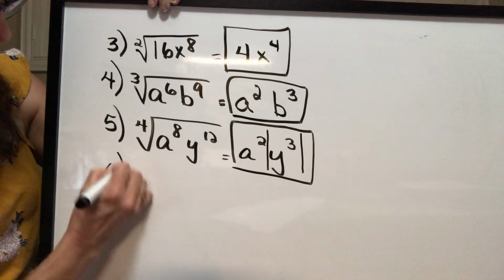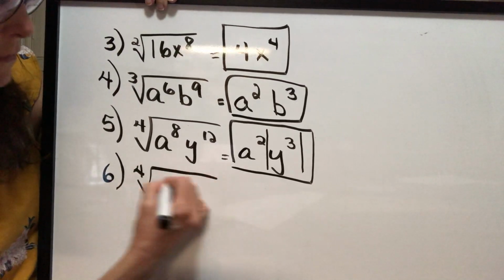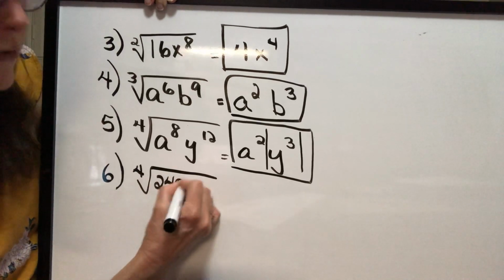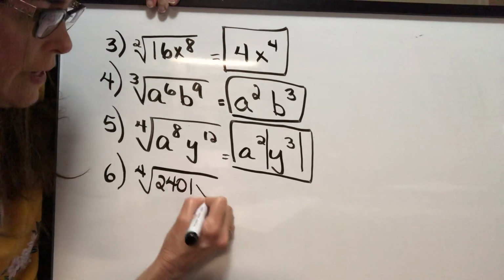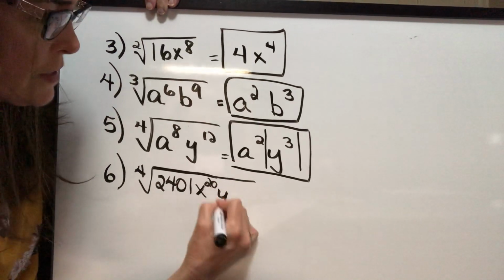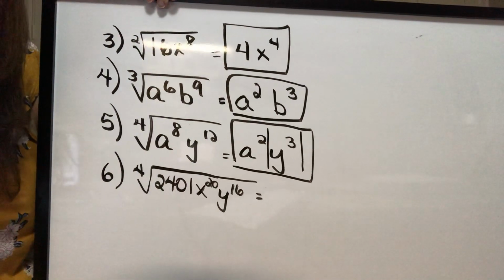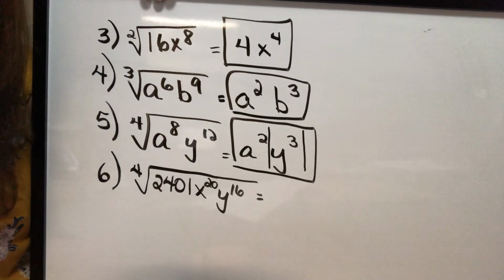Okay, so number 6. We have the 4th root of 2,401, x to the 20th, and y to the 16th. I already showed you how to do this on your calculator, so I'm not going to go back to it. I'm just going to do it now.